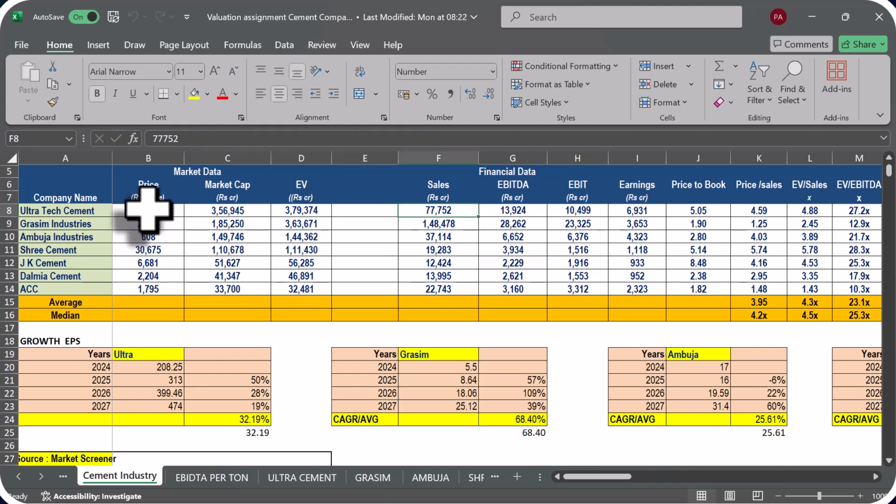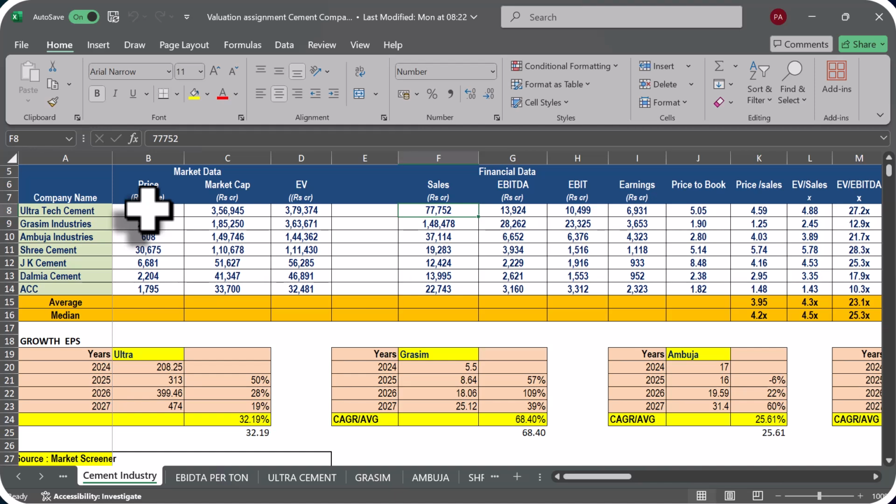Now these are the 3 things which we calculate, and the 4th one is the sales, the turnover: how much top line the company has done. Here, when we go to the screener, we look at the TTM number, the trailing 12 months number. Companies announce quarterly results every quarter.